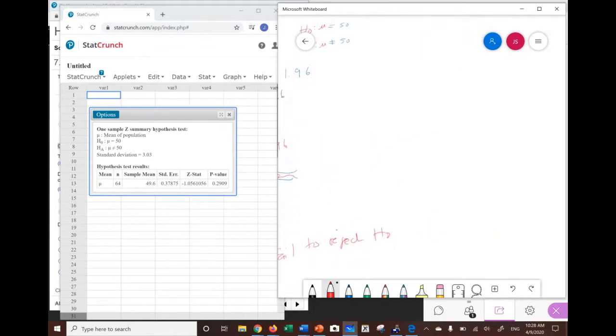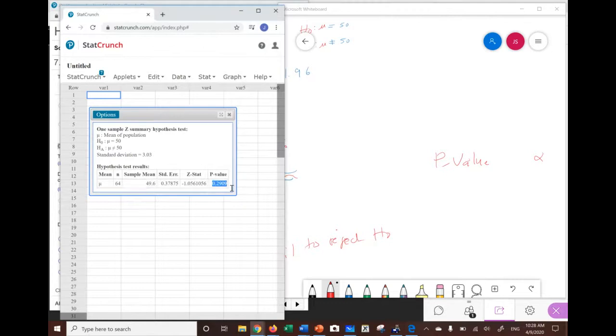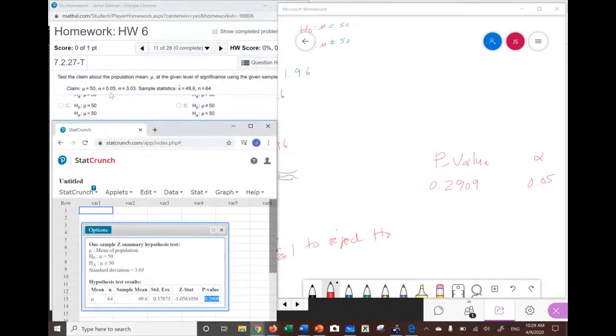Another way to look at it is this. What is the p-value? And what is alpha? The value is here in the table. In the results we got, you see the p-value? The p-value is 0.2909. And the alpha is 0.05. And we know the alpha is 0.05 because they gave it to us in the problem. Alpha equals 0.05.